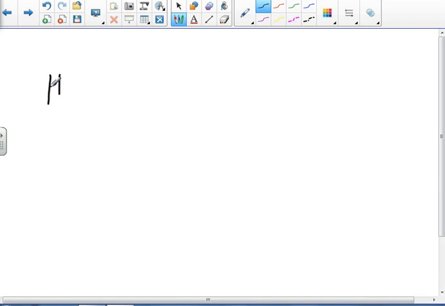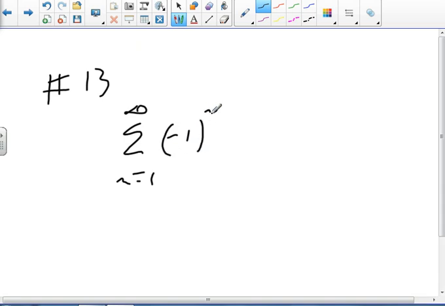Okay, number 13. Summation n equals 1 to infinity, minus 1 to the n plus 1, n factorial over 3 to the n. Now, if this converges at all, it's going to be conditionally, because we know that the absolute series is going to diverge.